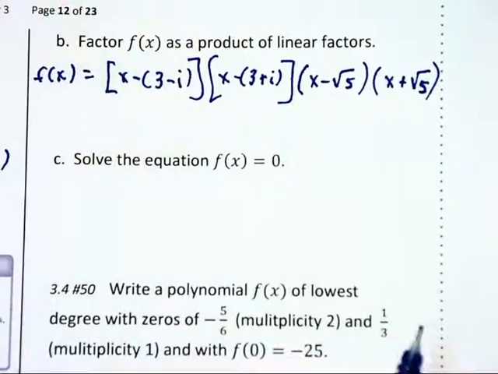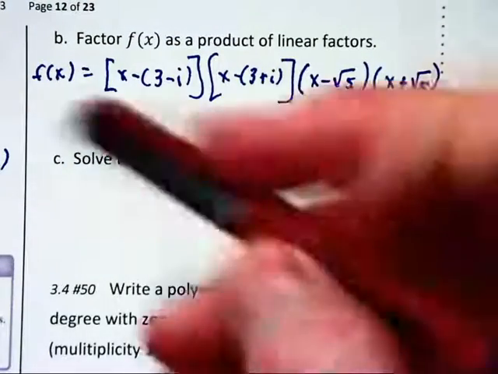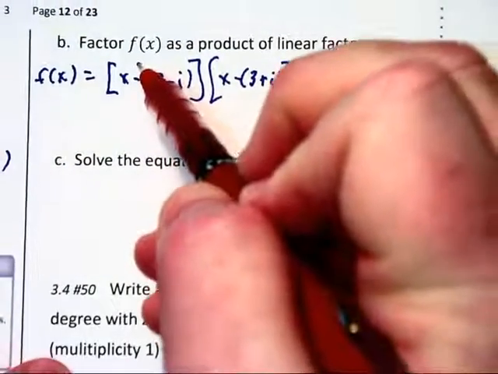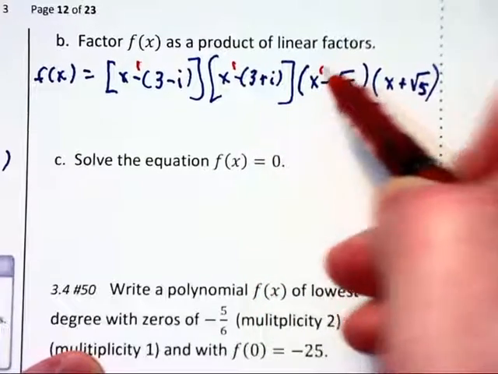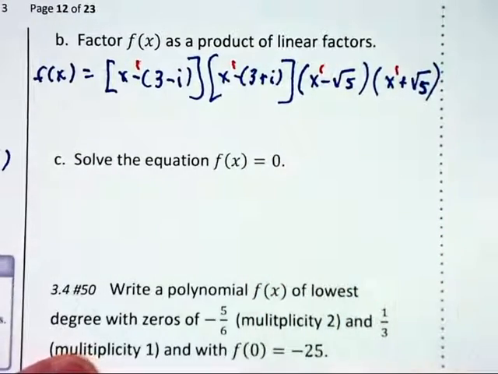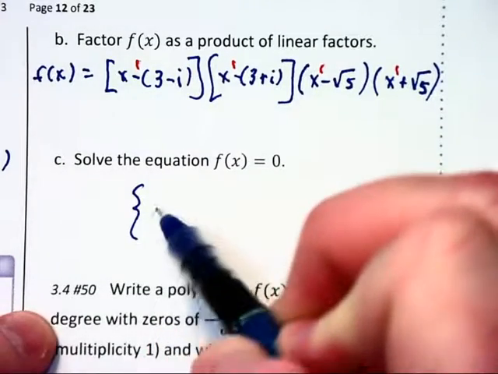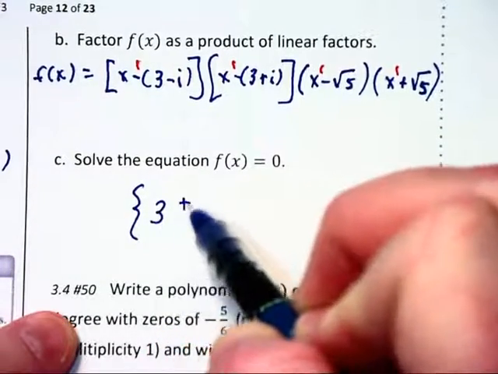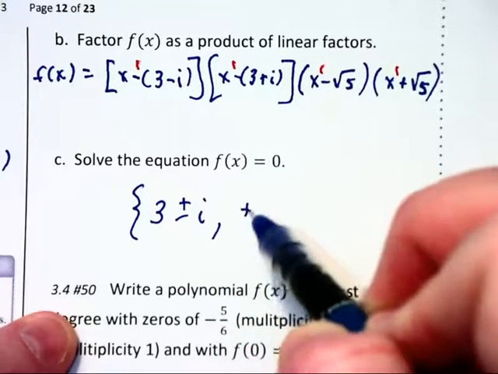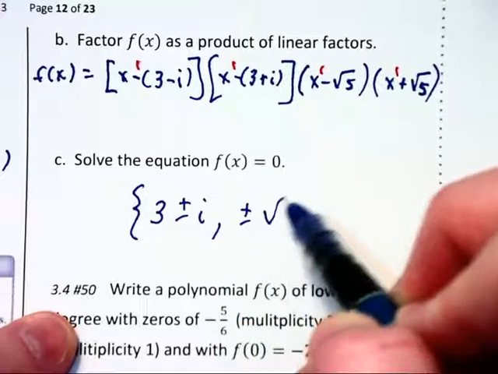Now, the reason these are linear factors is because each of these factors has x to the first inside. Now, solving this equation basically tells us we will have 3 plus and minus i as well as plus and minus the square root of 5.